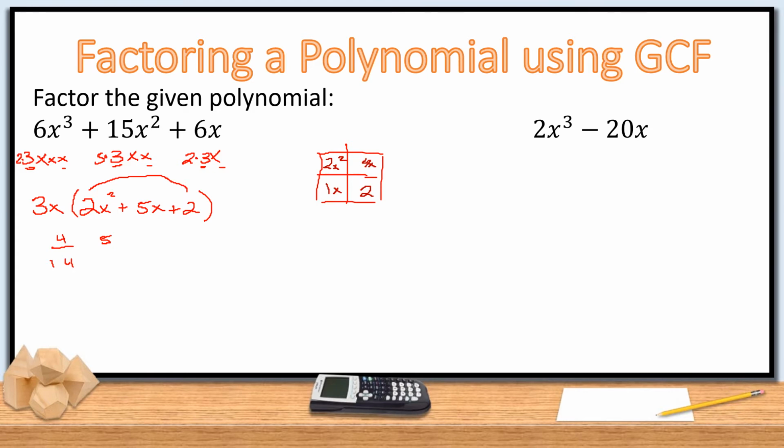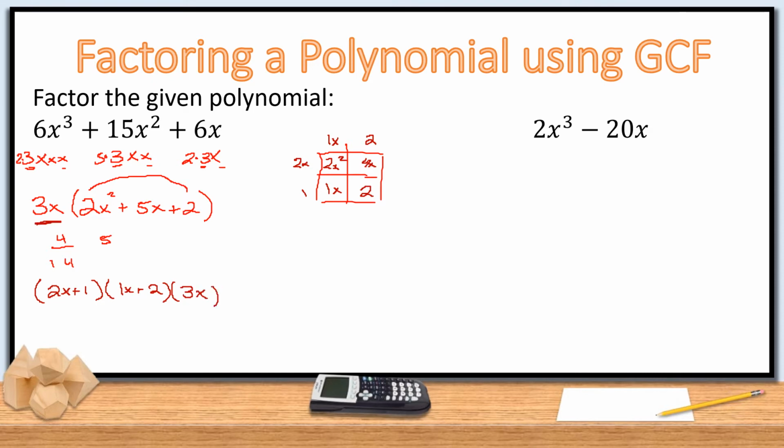So factors of 2x squared, we've got 2x and 1x. 1x times what is 1x? It's 1. 2x times what is 4x? It is 2. So that means my factors are 2x plus 1 and 1x plus 2. And then that third factor is 3x, so taking it from above.